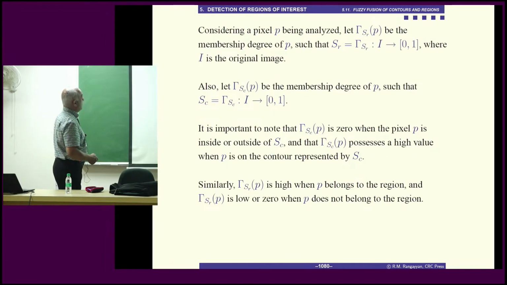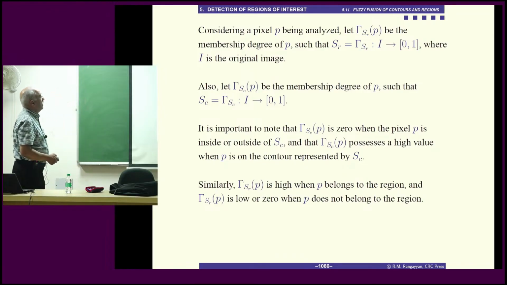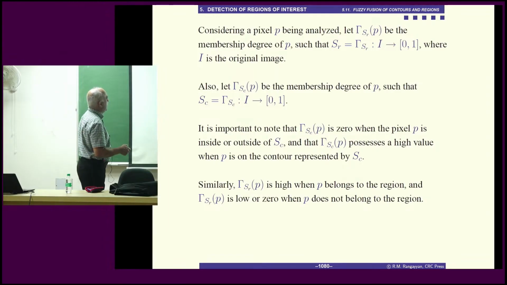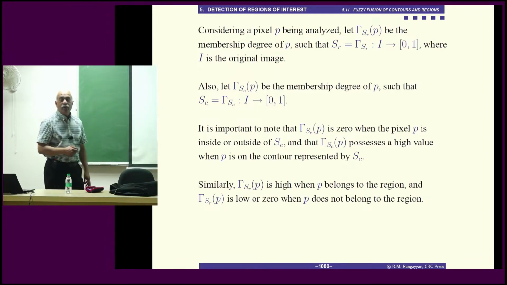So you need a mapping. There is a membership degree P, and there is a mapping that goes from SR to I in the range 0 to 1. This function is 0 when the pixel P is inside or outside the contour.